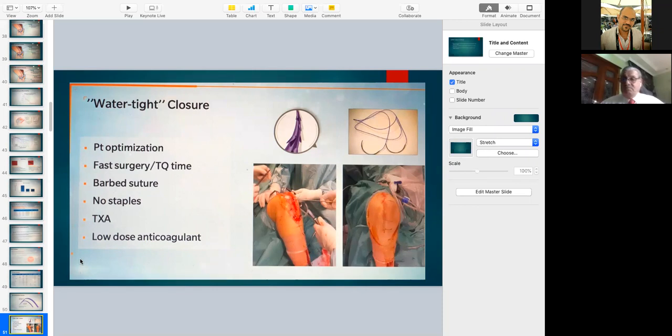It is barbed everywhere, so it provides good strength and avoids the need for staples, and you can freely use tranexamic acid with no drainage of fluid outside of the wound. And of course, with this watertight closure, you can reduce the anticoagulant because it works like a tamponade.